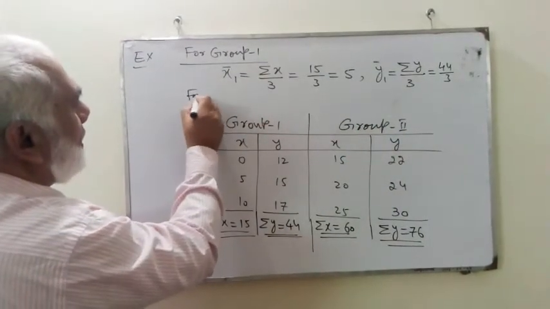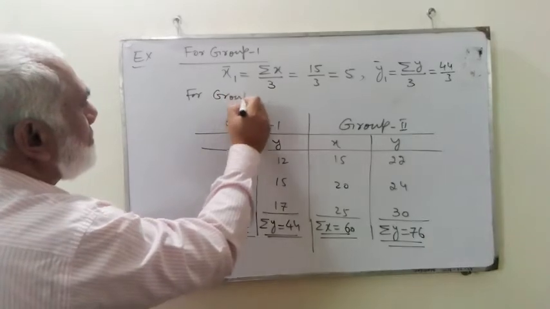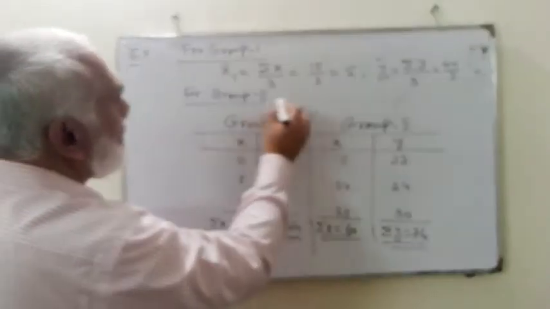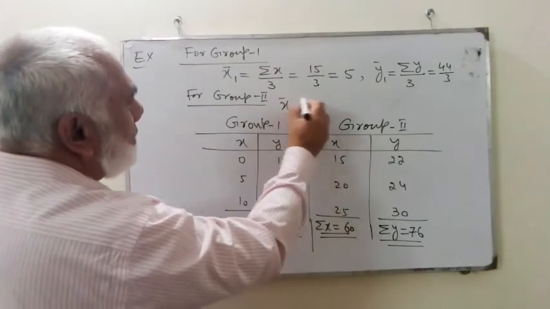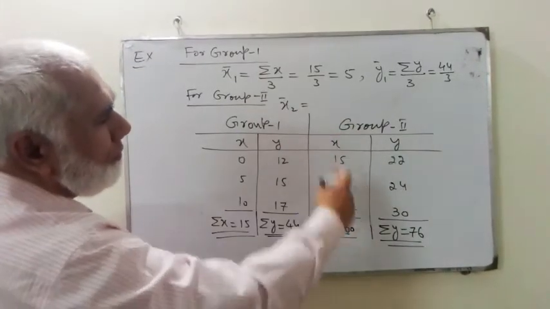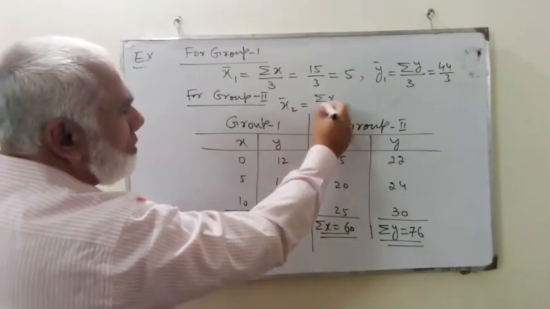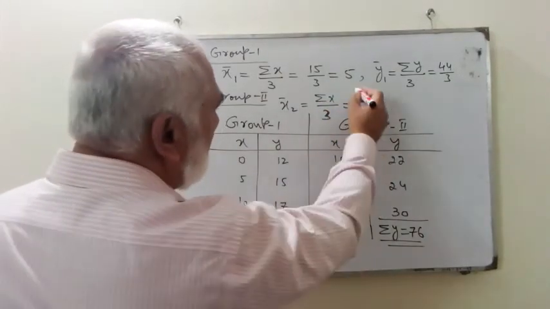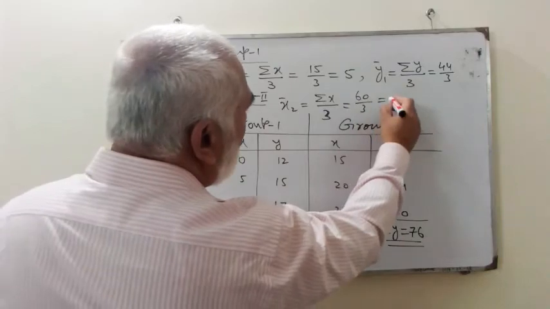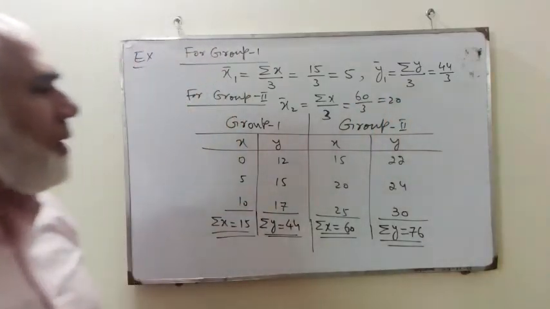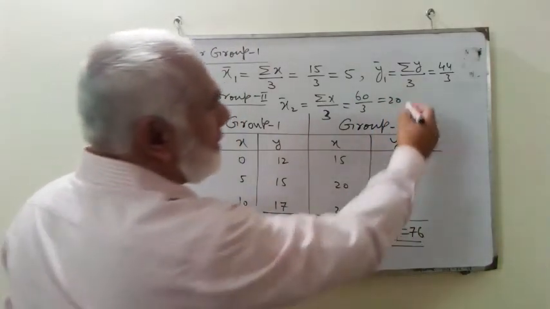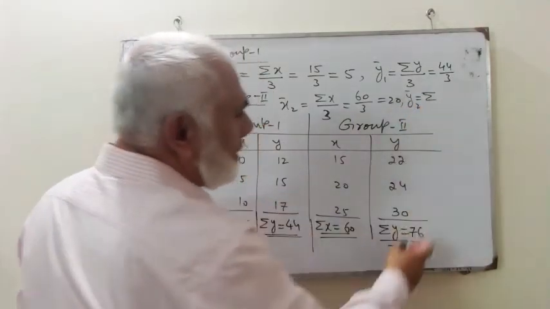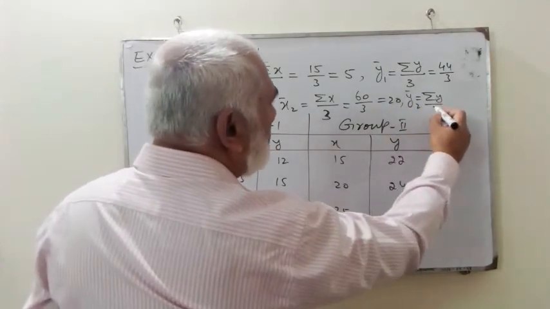Similarly, for group number 2, x2 bar is equal to the sum of x values in group number 2 divided by 3, because there are also 3 terms. So 60 over 3 gives you 20. And the last, if I solve it for you, y2 bar is equal to sigma y over 3.